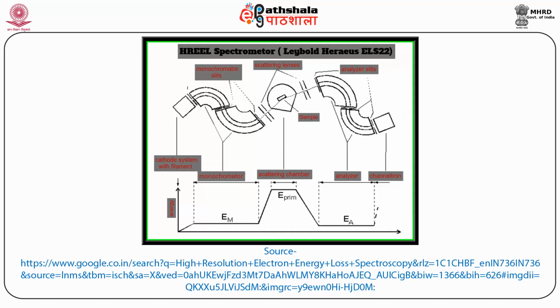The analyzer CHA again allows only electrons of a certain energy to pass through to the analyzing unit, a channel electron multiplier, abbreviated as CEM.